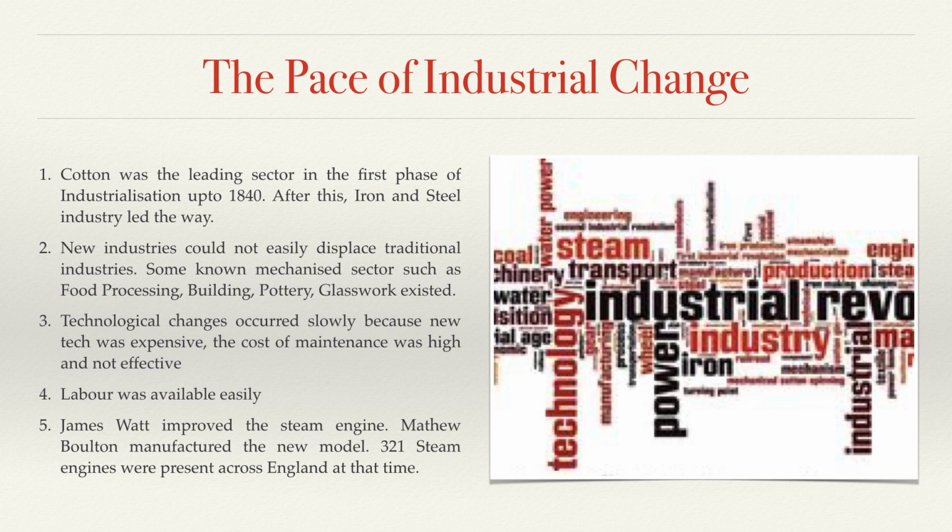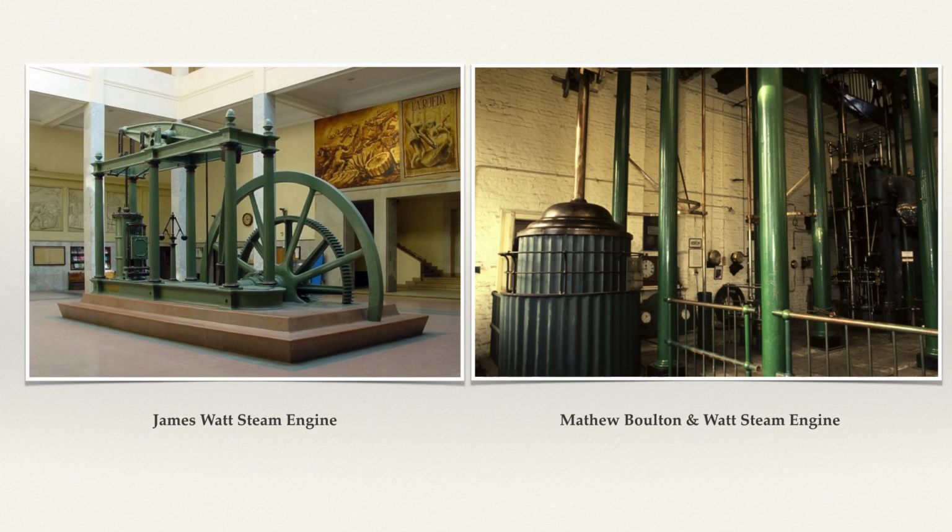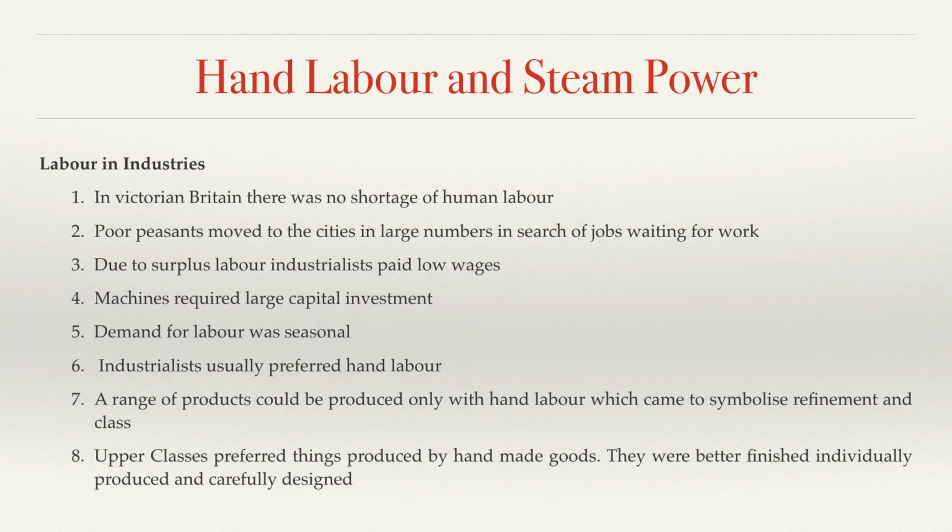Matthew Boulton manufactured the new model. At that time, 321 steam engines were present across England, but no use. You see the pictures of James Watt's steam engine and Matthew Boulton's engine.